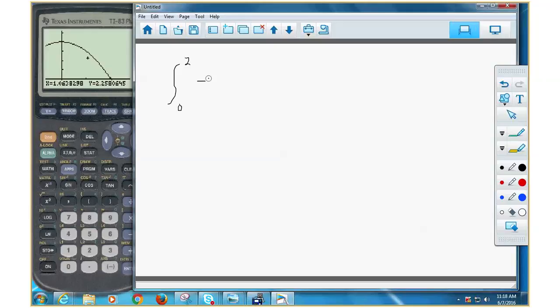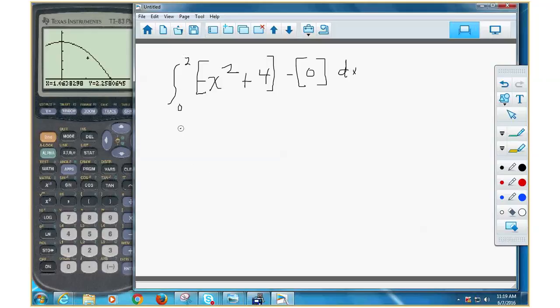Negative x squared plus 4 minus 0 dx. Now the reason I put the minus 0 in there is I'm letting y'all see that I'm taking one function and I'm subtracting what? The other function. Even though I didn't give you a function, I gave you a parameter. Here's your other two parameters right here, 0 to 2.